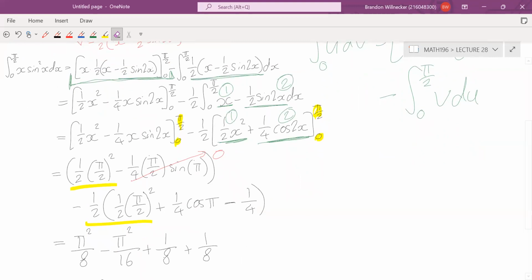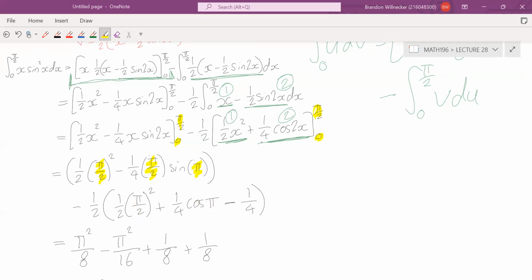Okay. So for the first part, we substitute in pi over 2. And then we simplify that. If we substitute 0, we're going to get 0 minus 0. So that's just 0. So we don't need to write that. And then for the second bracket, we substitute pi over 2 over there and over there. And then if we substitute 0, then cos of 0 is 1.